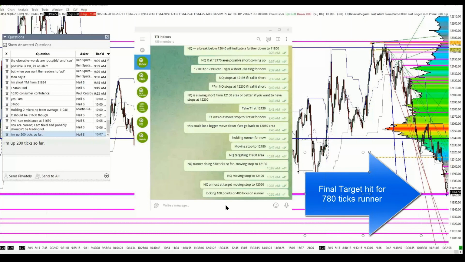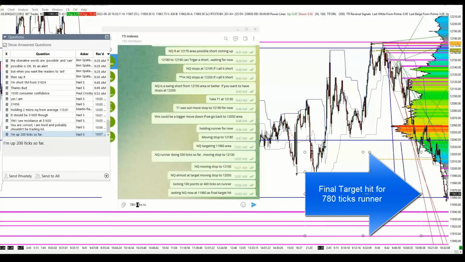You see this? Now that was a 1,000 tick trade, just one trade. Why? We said we do 3 contracts, right? Target 1 gave us, I think, 50 to 70 ticks, so that's almost 130 ticks, plus 780 ticks profit.